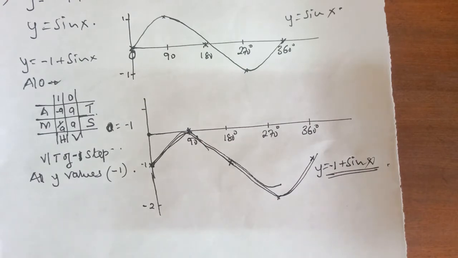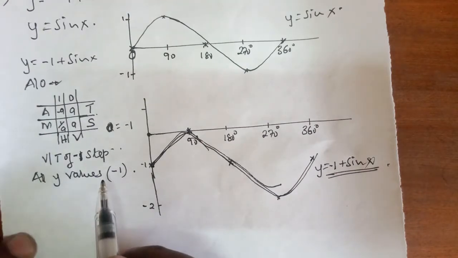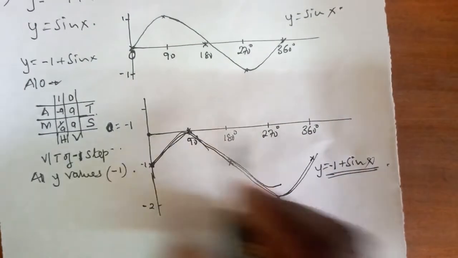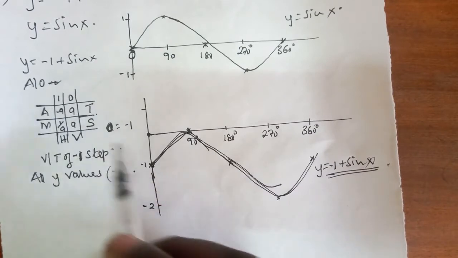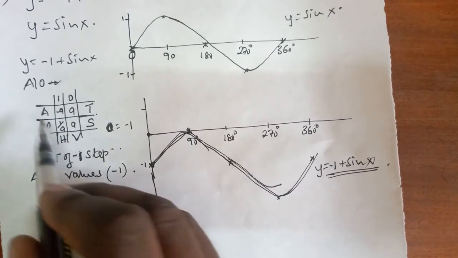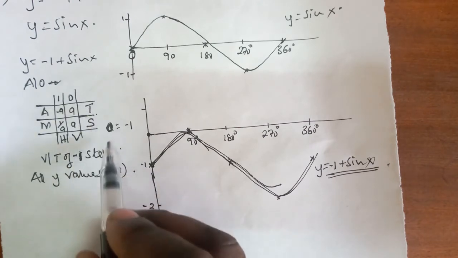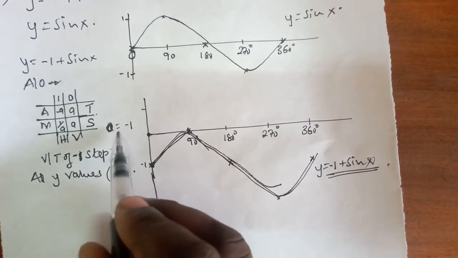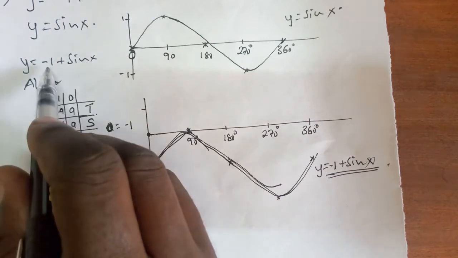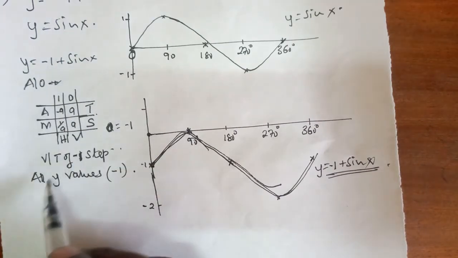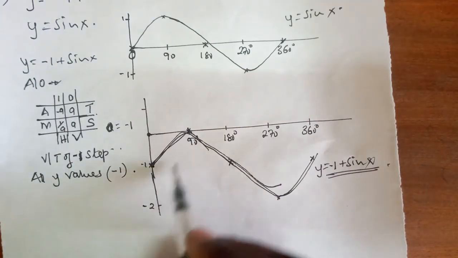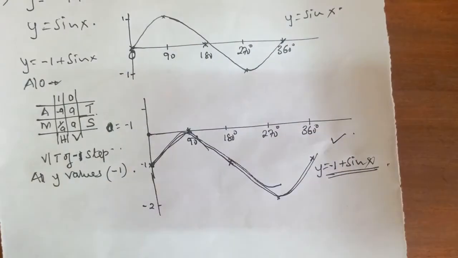As you can see, it has been summarized by the Mayo here: addition outside, vertical translation of a steps, and our a was -1. That means all y values minus 1 step, and we got that graph.